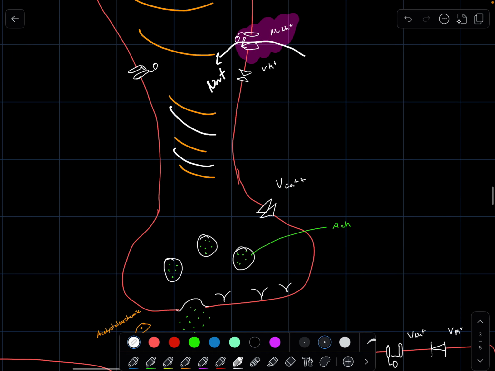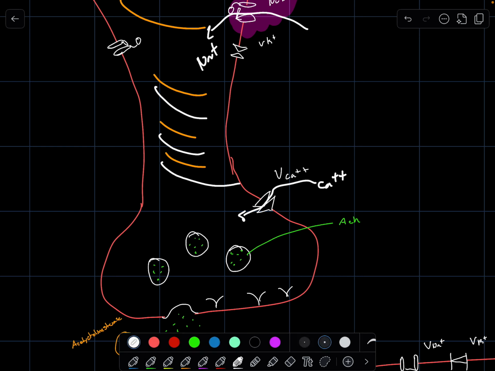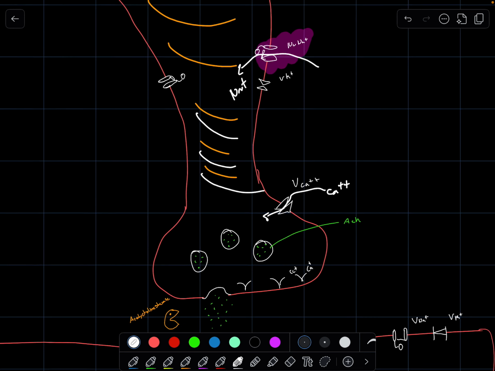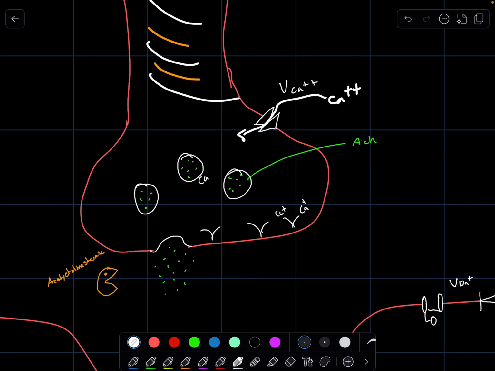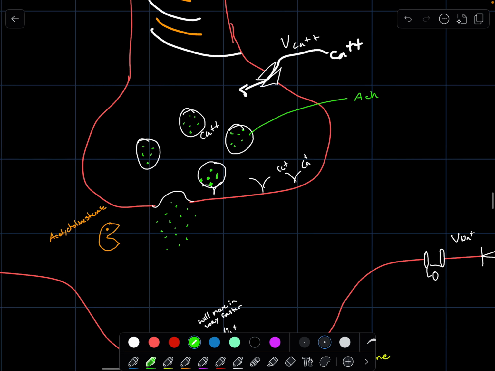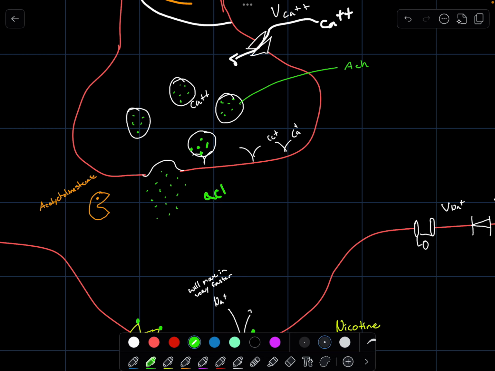And once we reach this voltage-gated calcium channel, again, if you remember, we'll have that influx of calcium. Calcium binds to these proteins, and they also bind to the vesicles which contain acetylcholine. They bind here, and it pulls it down into the membrane and releases acetylcholine into the synaptic cleft.